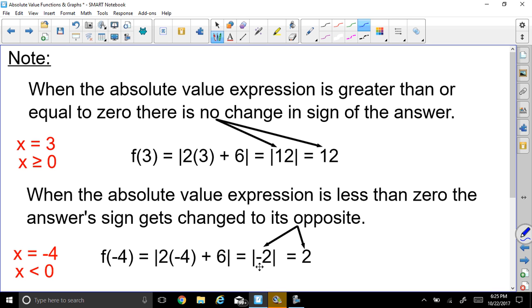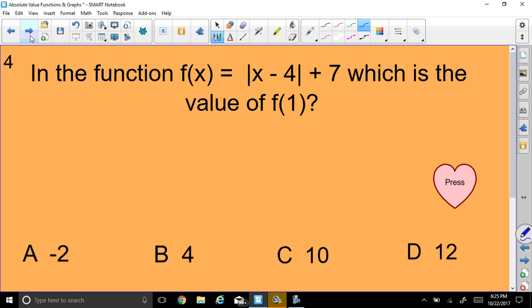Now the absolute value of negative 2: how many spaces is negative 2 away from 0? It's 2 units away from 0. So notice the sign changed from negative 2 to positive 2. It changed to its opposite. That's something you should note about absolute value. It does change the signs when you're dealing with a negative number.